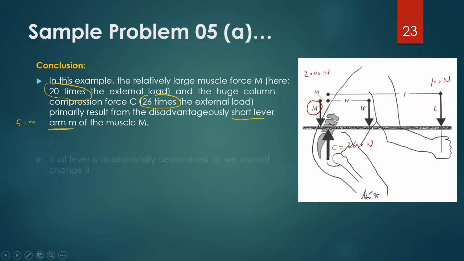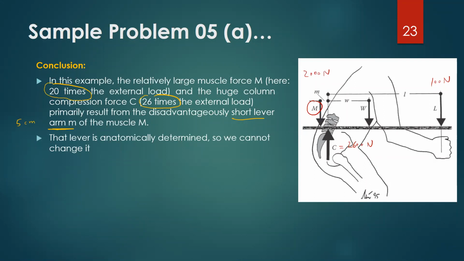Now the problem is, this lever arm of the force generated by the back muscles is not in our control. This lever is anatomically determined, so we cannot change it. Its position is fixed. The distance of the intervertebral disc from the back muscles is fixed. We cannot change it.